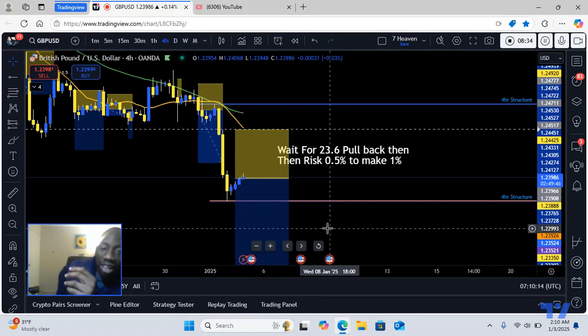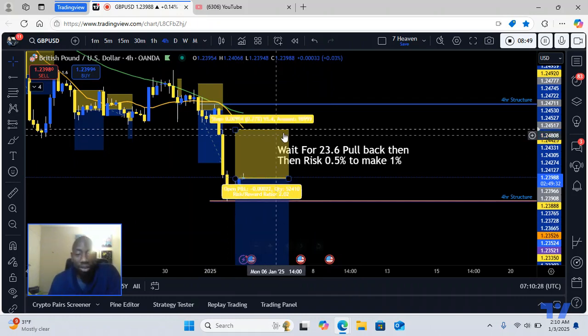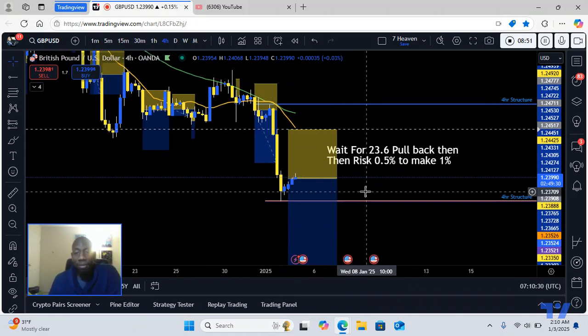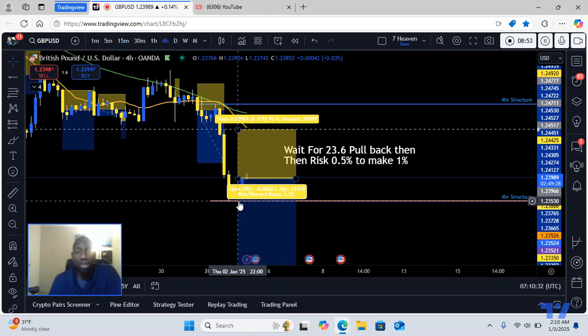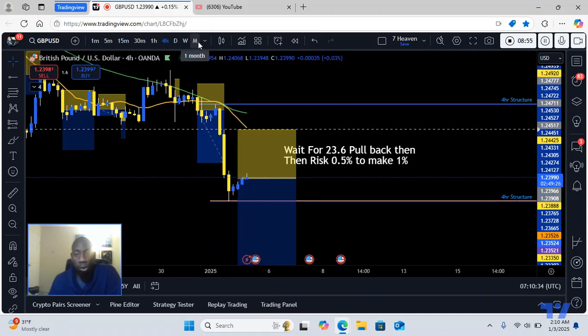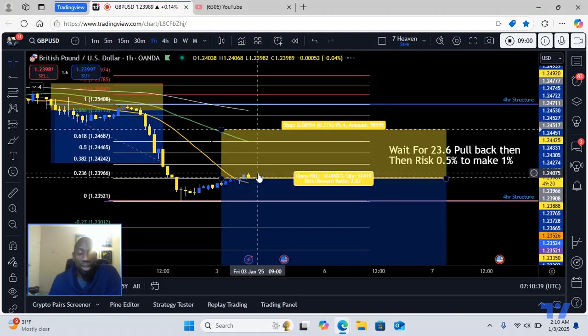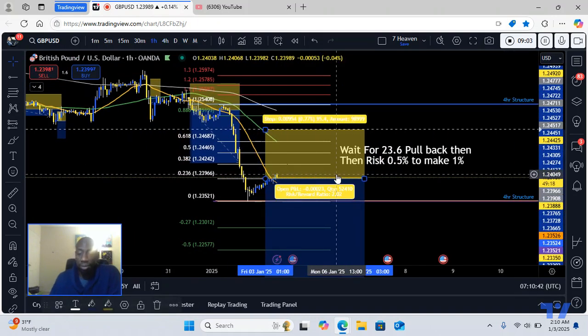But what if that 4 hour was up structure? What I would now have to do is wait for the 4 hour to break structure down and then take action on the 1 hour, right? If I don't have that scenario, right here in this case, the direction is going in the same direction as the four horsemen. That means all four horsemen are saying down, right? That's great. Go to the 1 hour now, and this is where the action starts.